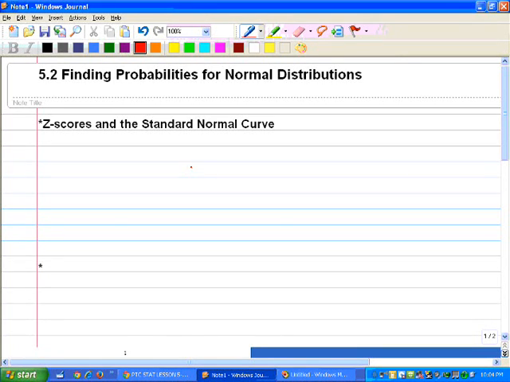Recall in Section 5.1 that if we wanted to find probabilities for a normal distribution, we had to convert to z-scores and use a standard normal curve.